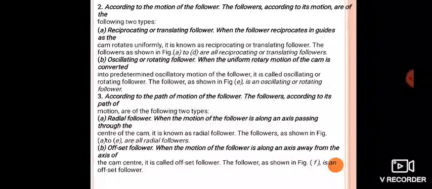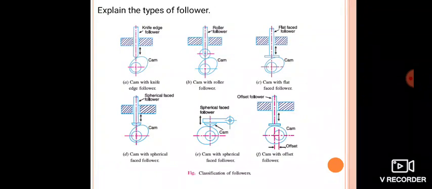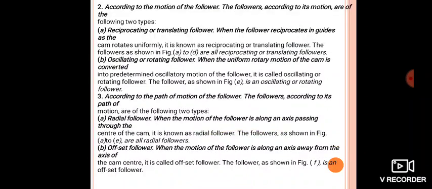It has a predetermined oscillatory motion, so it is called an oscillatory follower. The follower is shown in figure E. This type of follower is used to get an oscillating rotating motion.